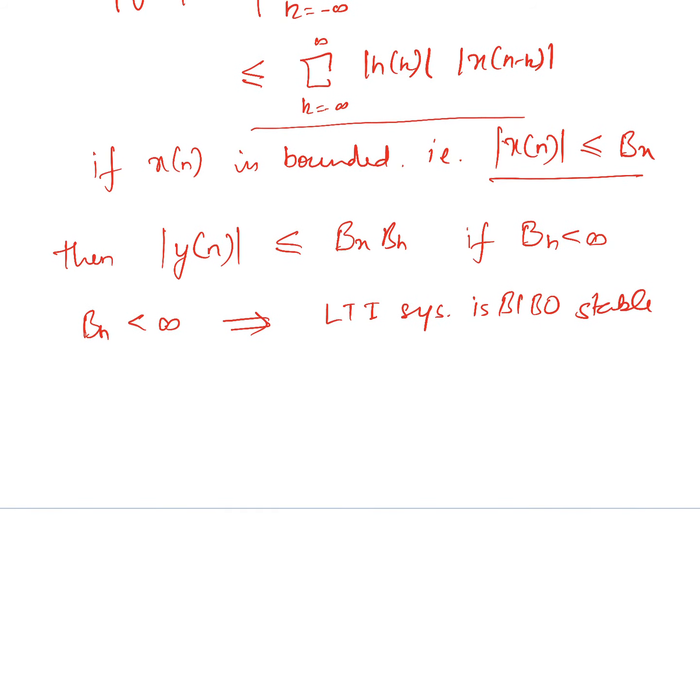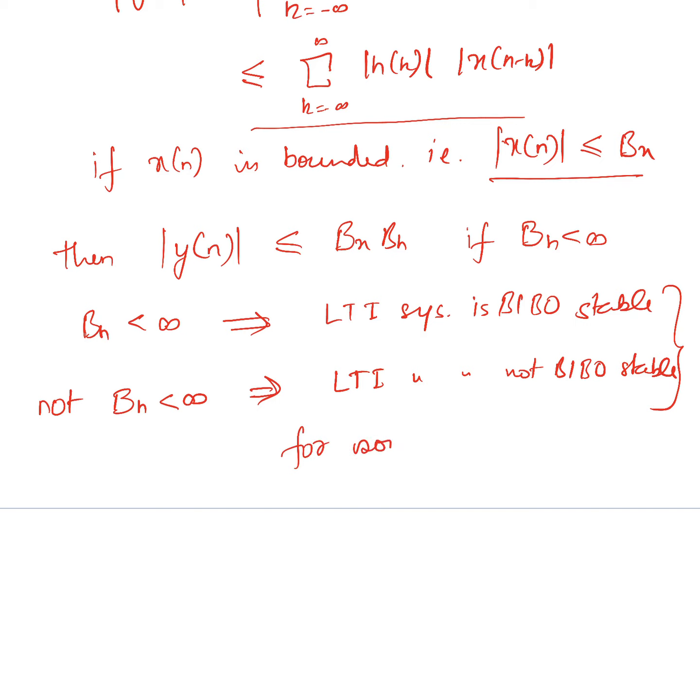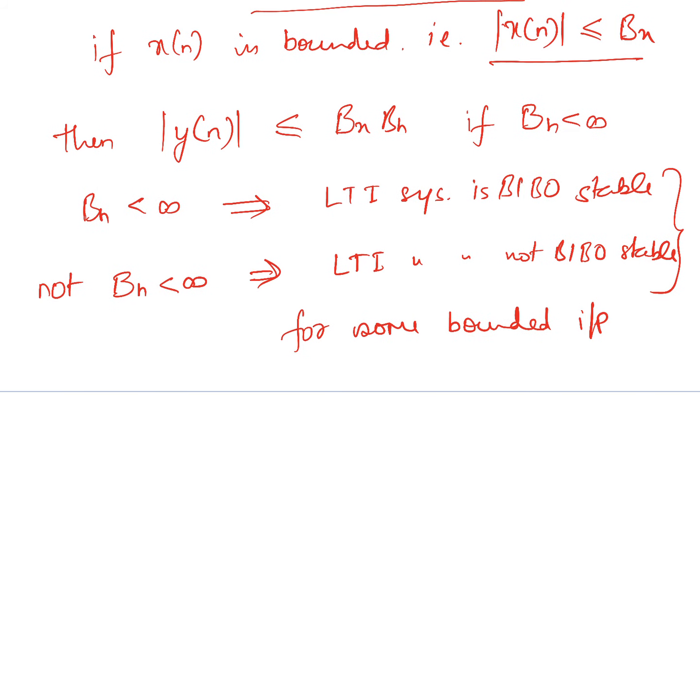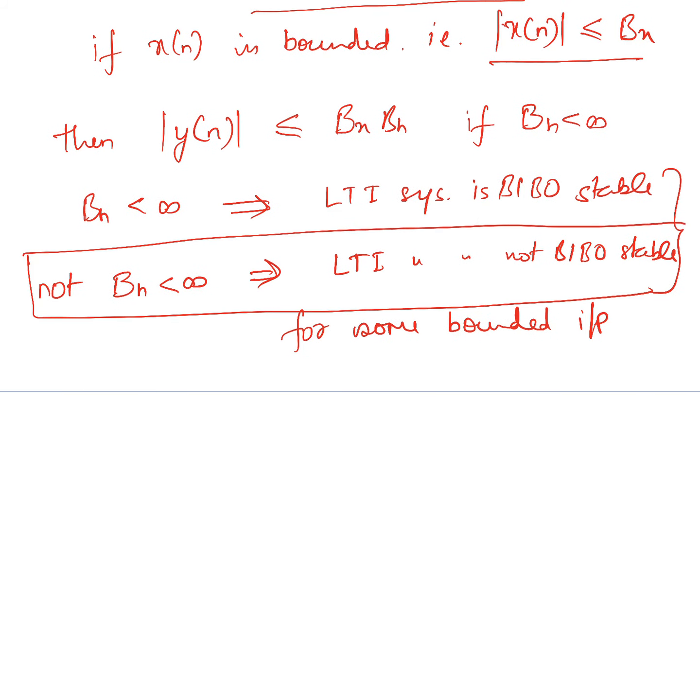Okay, so for the necessary condition, we shall show that if Bh is not less than infinity, then it implies that your LTI system is not BIBO stable, because for some bounded input the output is unbounded. To prove the necessary condition, first of all we need a bounded input.